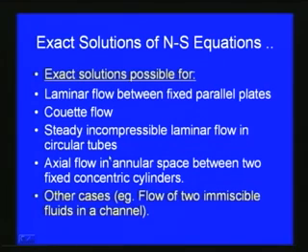These are some of the cases where we can derive exact solutions for the Navier-Stokes equation. In all these cases we assume that the flow is fully developed and that the Reynolds number is so low that we can consider the flow as laminar. A few of these exact solutions we will discuss in detail.